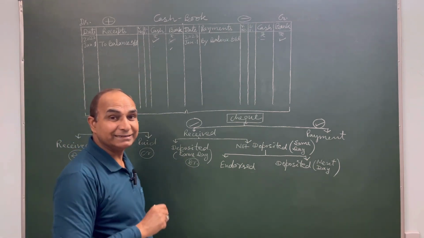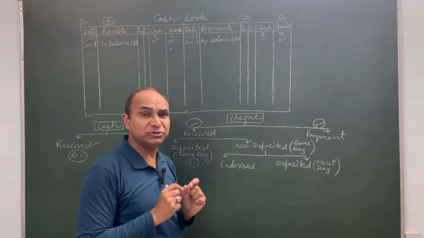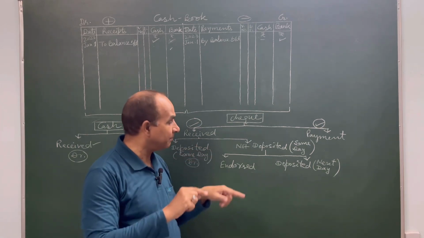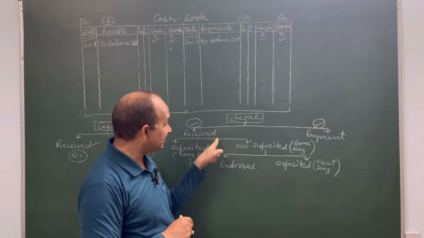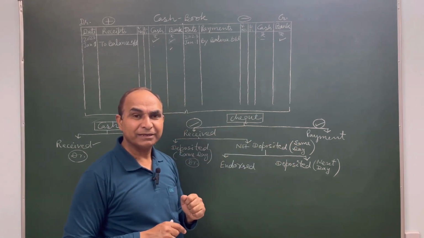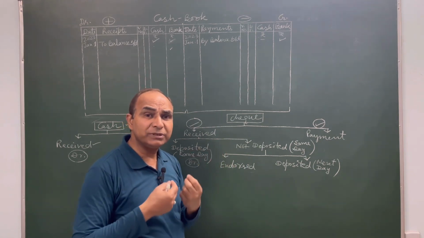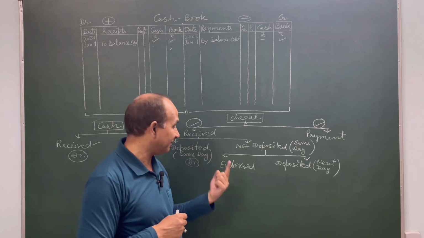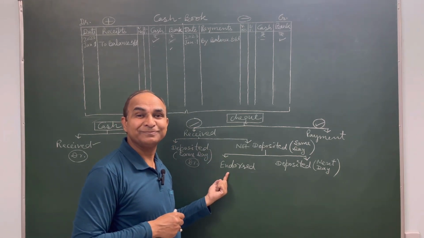But what is the case when a check is received but not deposited into the bank on the same day? Please understand that. It means we retained the check with us. Then what did we do with that check? The first case, endorsed.